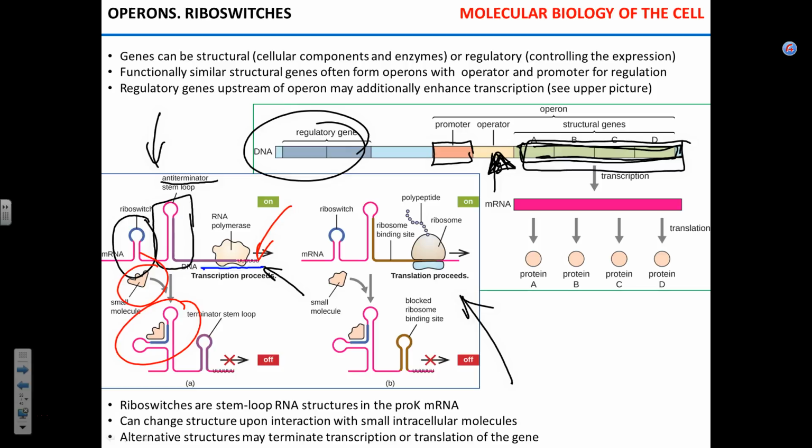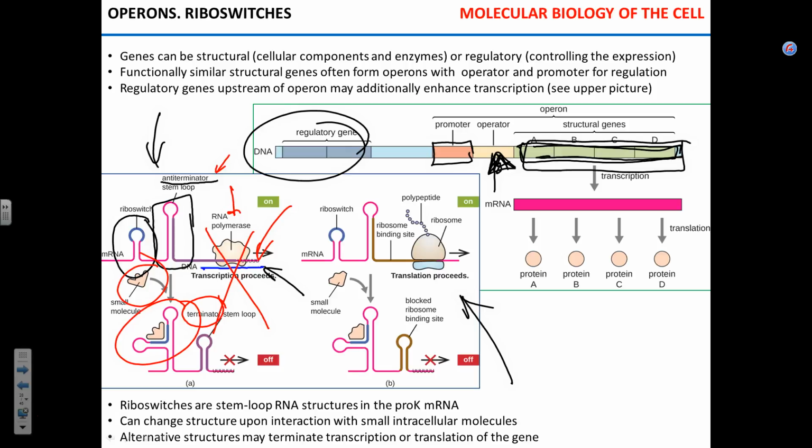When it binds to the riboswitch, it changes the function of the riboswitch and of the adjacent fragment of the RNA, converting the anti-terminator loop into the terminator loop. When that happens, the terminator loop serves as a signal for RNA polymerase to stop transcription and fall off. Does that make sense?